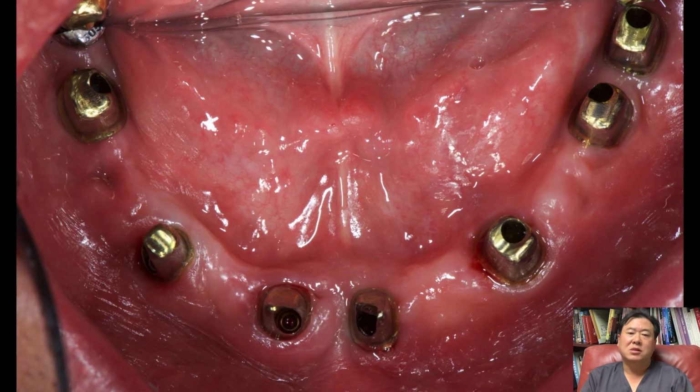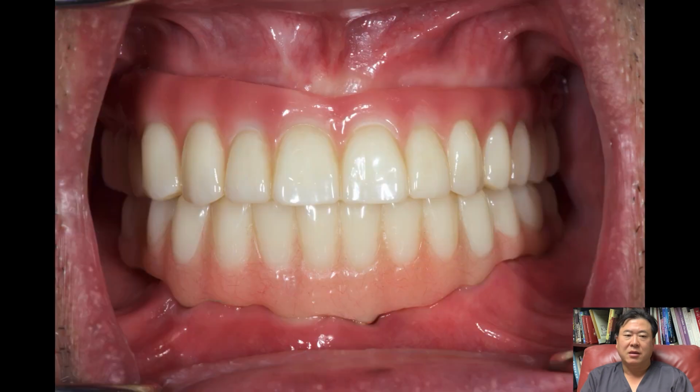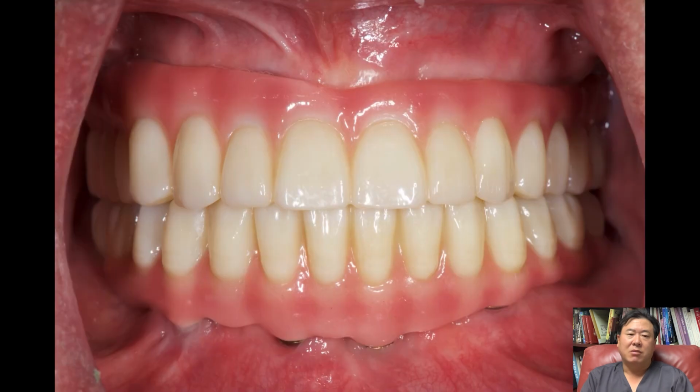7 titanium custom abutments were connected, and provisional bridge was cemented with temp bond. There was one implant that did not have enough primary stability for immediate loading, and I needed time for osseointegration. After 3 months, the bridge was simply replaced with the final one, and the last implant was restored as well.